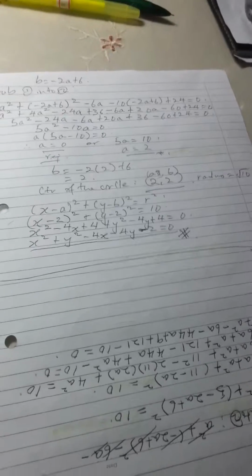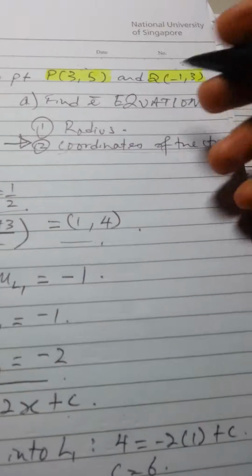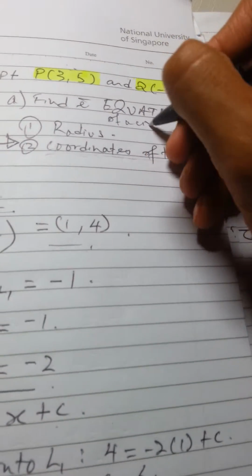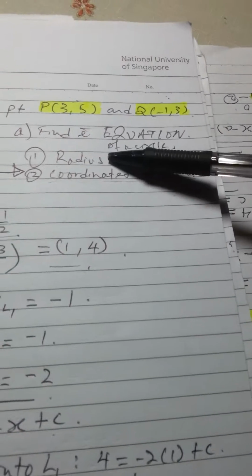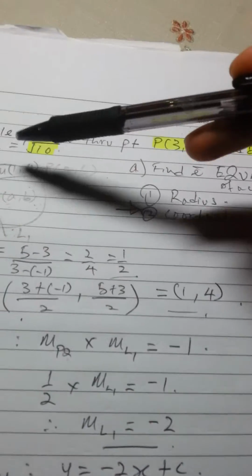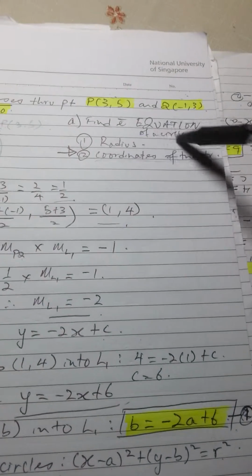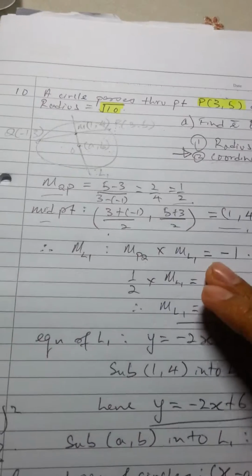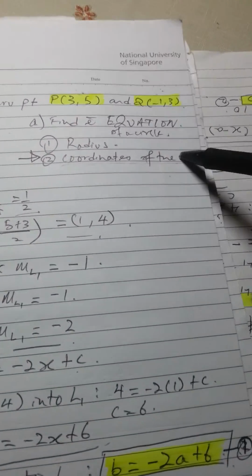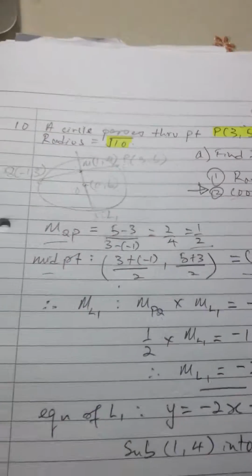What I want you to note is very simple. First things first, you need to know what is it that you are finding. When you want to find the equation of a circle, you need to know the radius and the coordinates. When the radius is given, then you know that your mission is to find the coordinates of the center of the circle. Alright, so basically from the coordinates of the center of the circle, you use whatever is given to you.